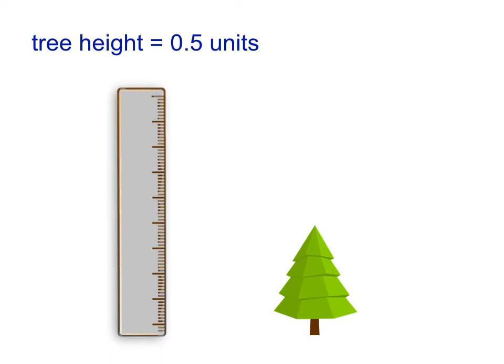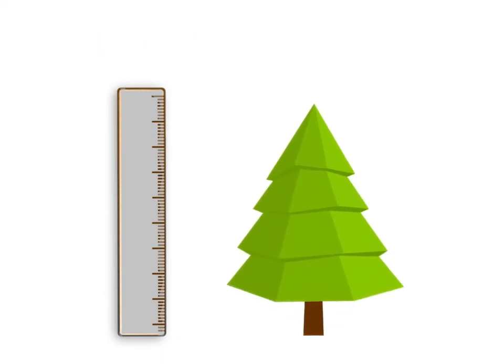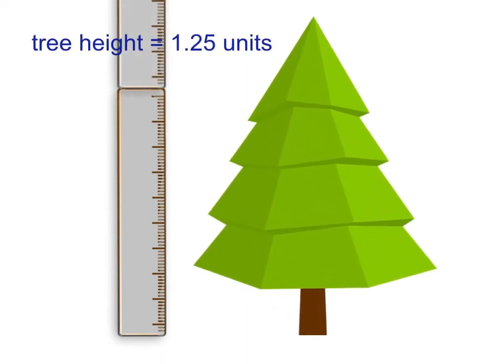And then in the year 2020, I decide to go and measure this tree again. Well, the tree has grown. And in measuring this tree, I see that the tree height is now 1.25 units. The thing that we can notice here is that the size of my measuring stick has not changed.